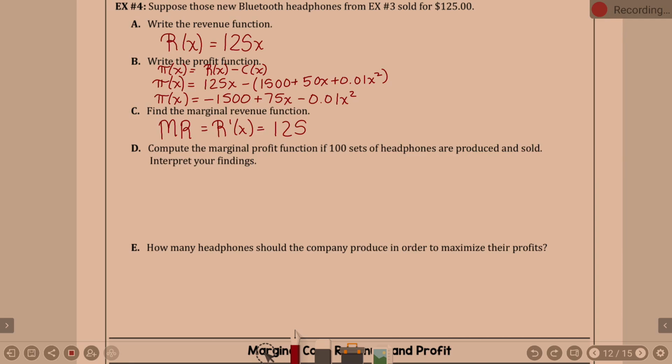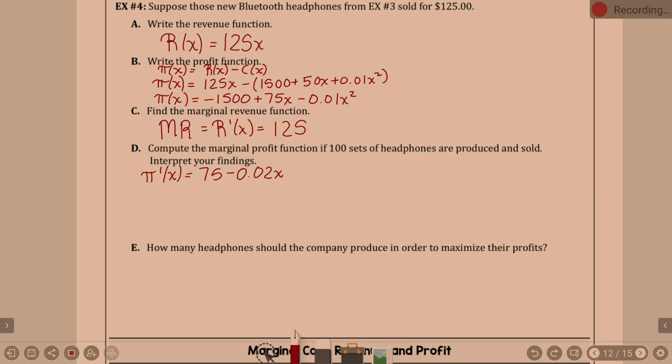So what's marginal profit going to mean? Derivative. So pi prime of x, if you will. So what's the derivative of our profit function? 75 minus 2/100ths x. Okay.